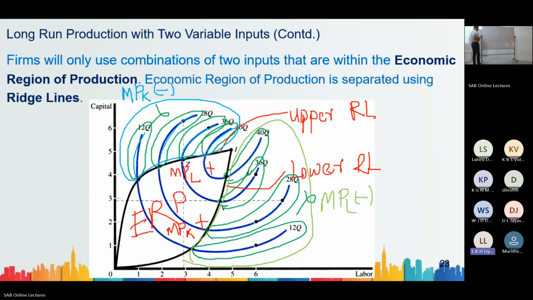So, by combining the points where marginal product of capital is zero, we draw the ridge line.